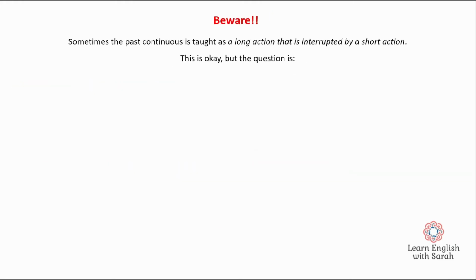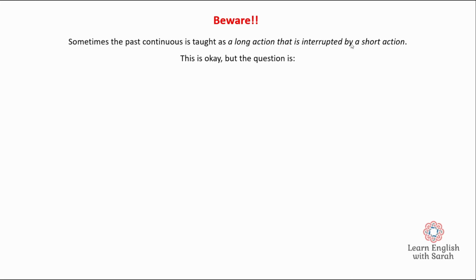Now here's a little thing that you might come across in grammar books or course books, or perhaps on the internet. People often say, and I have said this in the past many times, that the past continuous is taught as a long action that is interrupted by a short action.